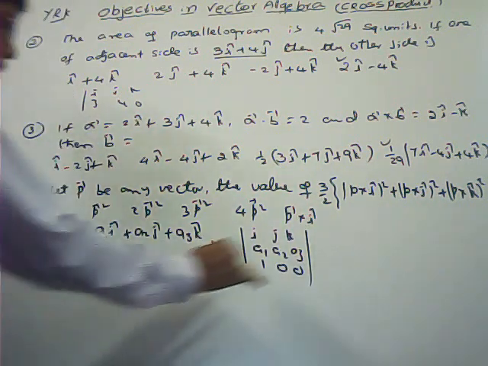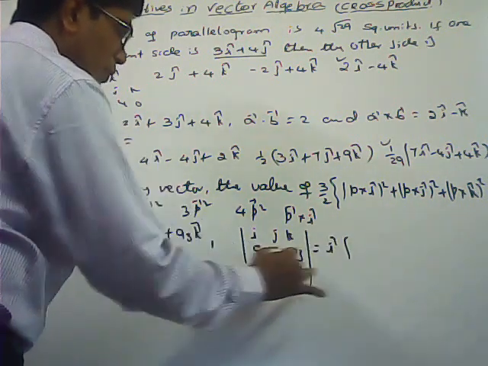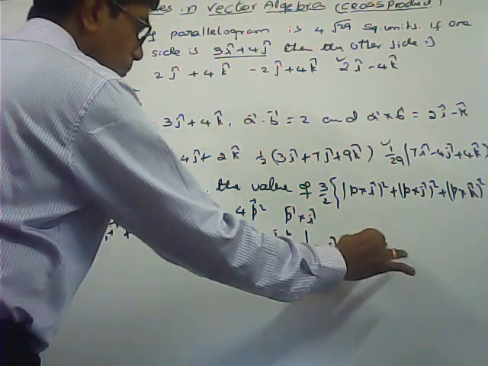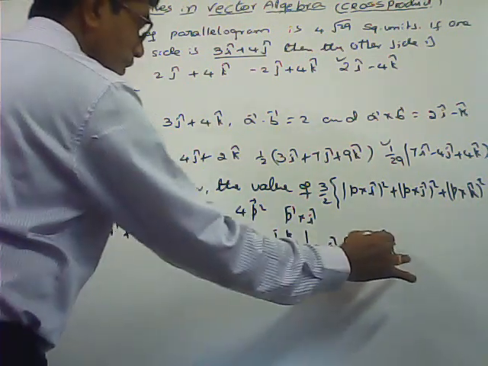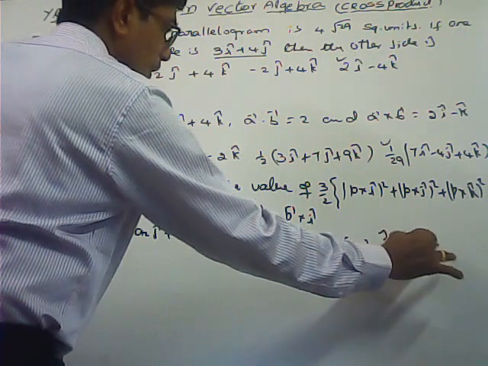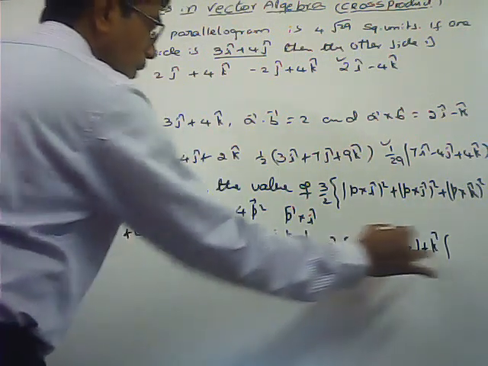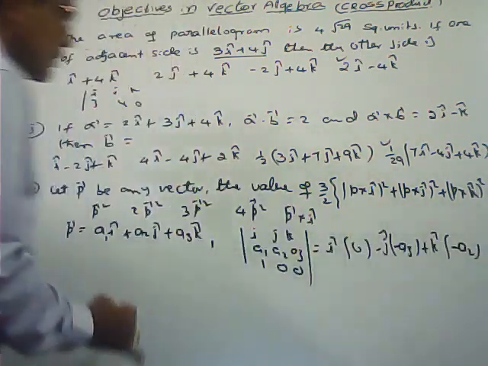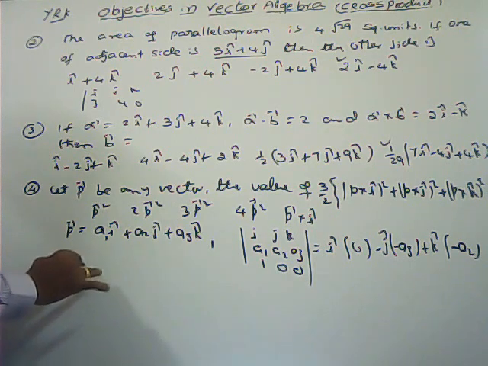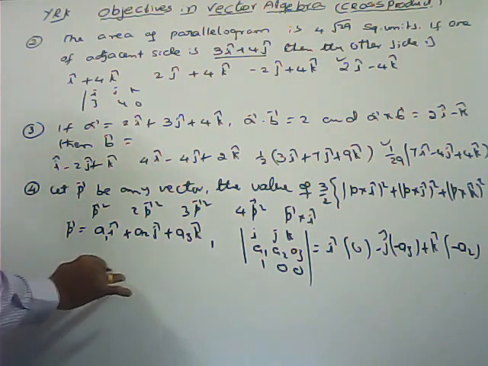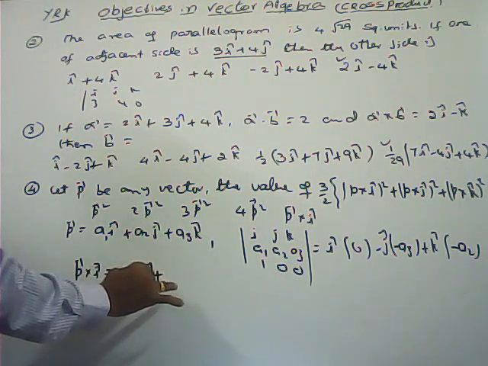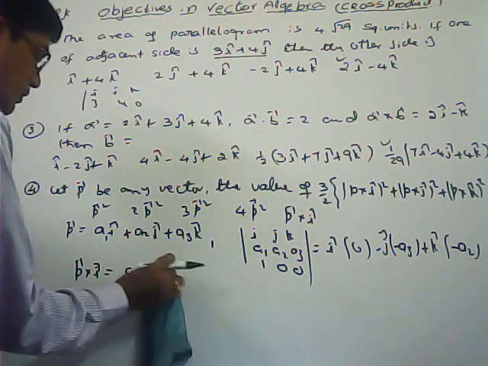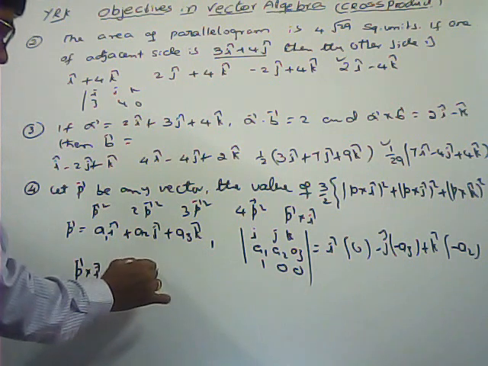That is equal to i cap into 0, minus j cap into minus a3, plus k cap into minus a2. So P bar cross i cap, how much are we getting? a3 j cap minus a2 k cap.